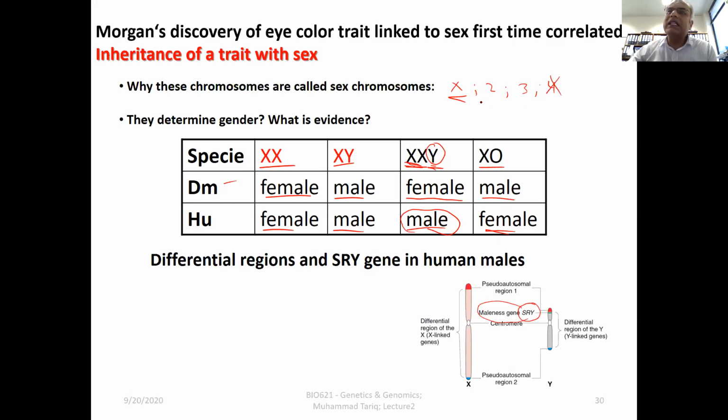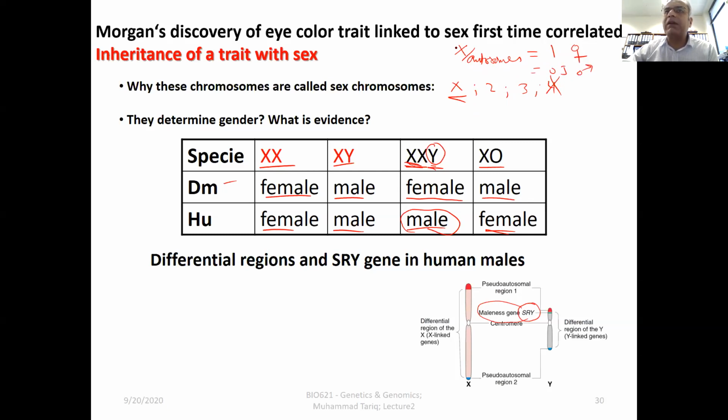So what they say is, the ratio of X to autosomes, the chromosomes which are not linked to sex development or sexual traits. If the ratio is 1, the fly will develop as female. If it is 0.5, it will develop as male.